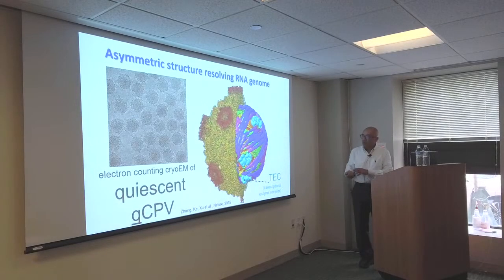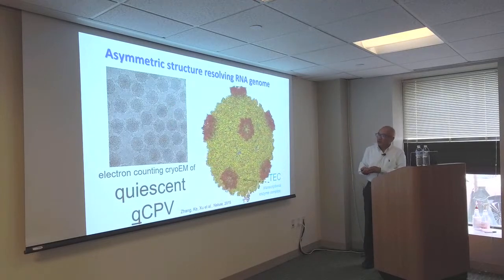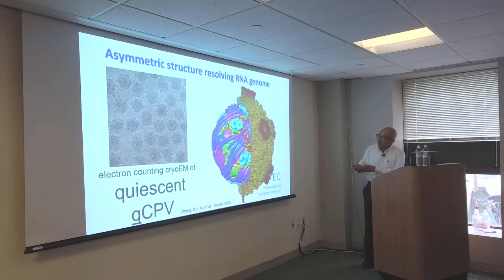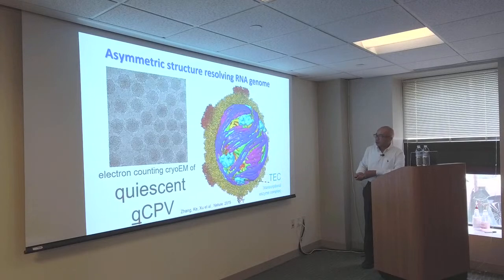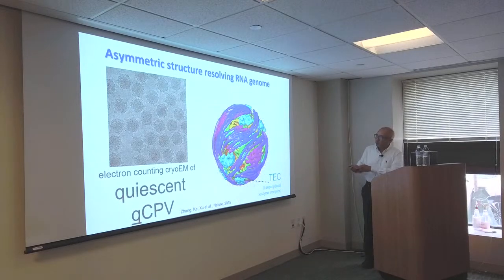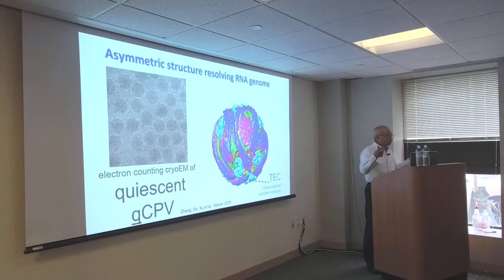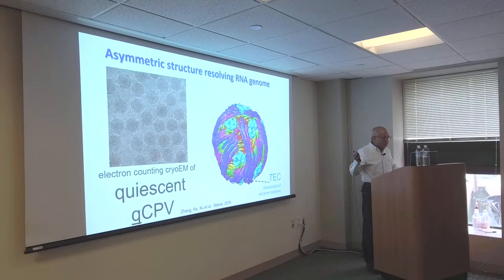If you look inside, you can begin to see the blue density surrounding the light blue, which is the polymerase density. These are very characteristic because the RNA is very extended, since double-stranded RNA doesn't like to be bent. It stays in a long, unbent state.